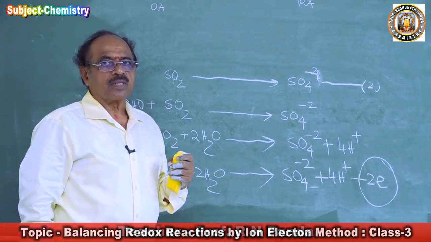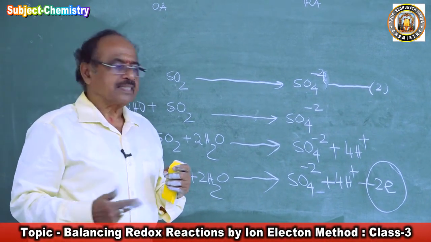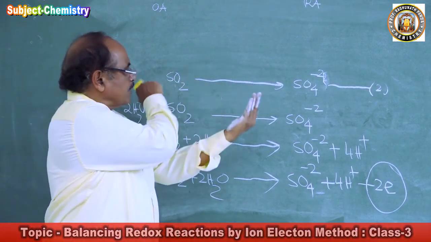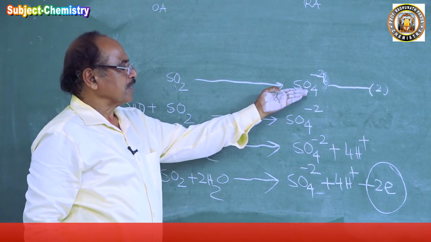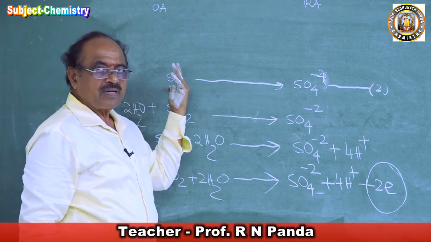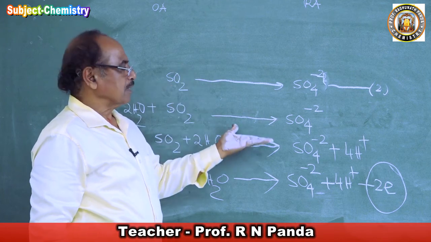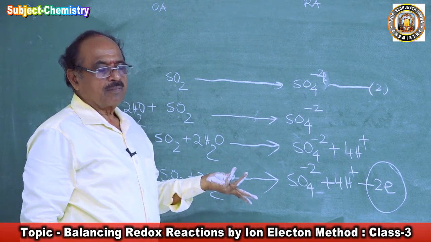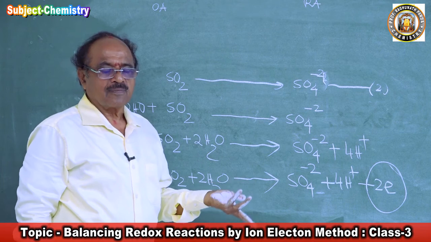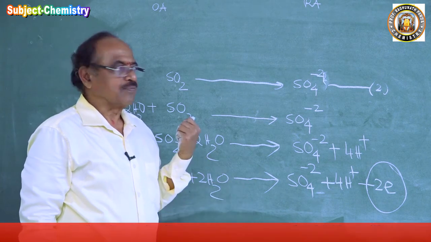If you just reverse the reaction, sulfate becoming sulfur dioxide, the molecular mass by 2 is the equivalent mass of sulfur dioxide and of sulfuric acid.